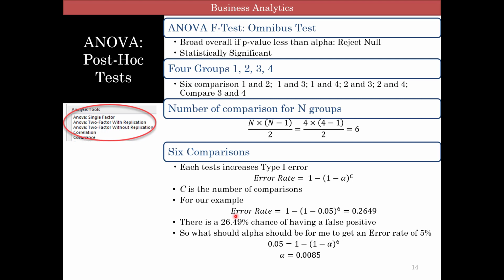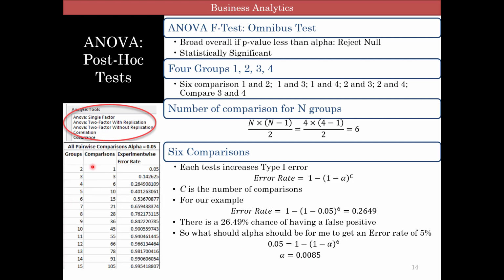This is the formula. And so error rate goes up to 26.49% if we allow alpha of 5%, right? So if we wanted error rate of 5% with 6 comparisons, then if we do the mathematical equation, we need to set alpha to 0.85%.